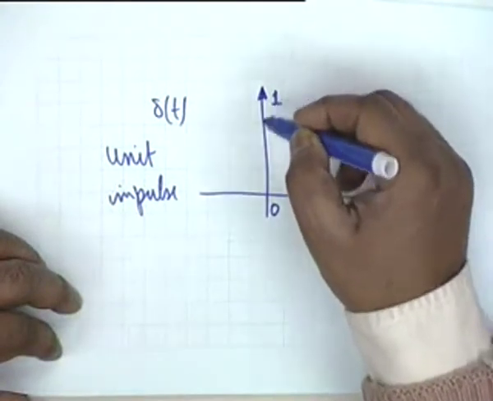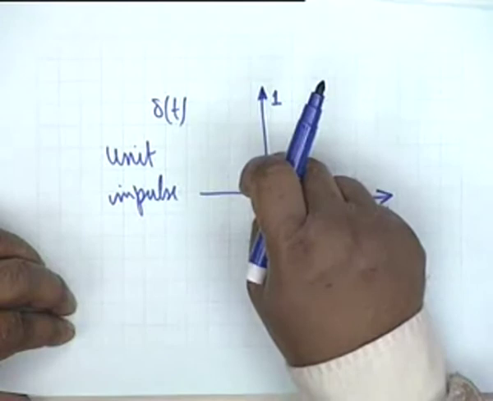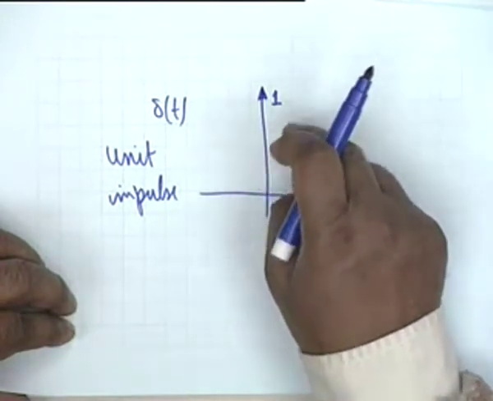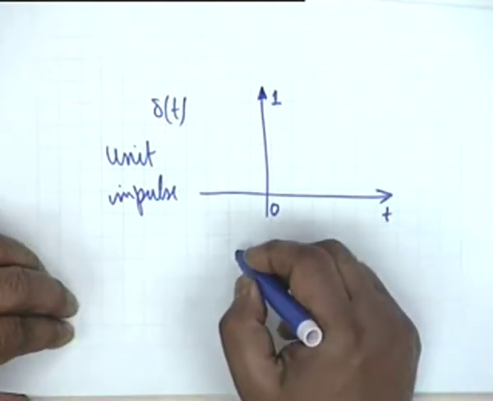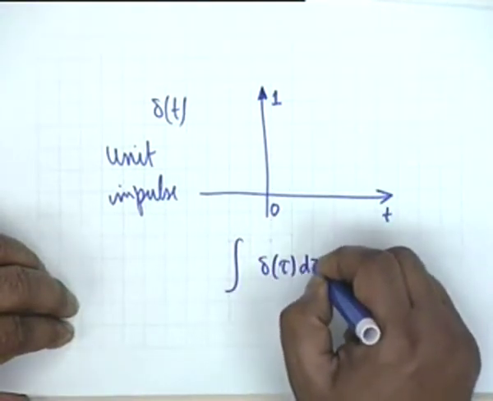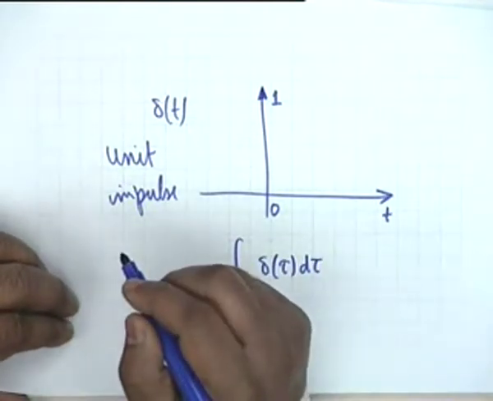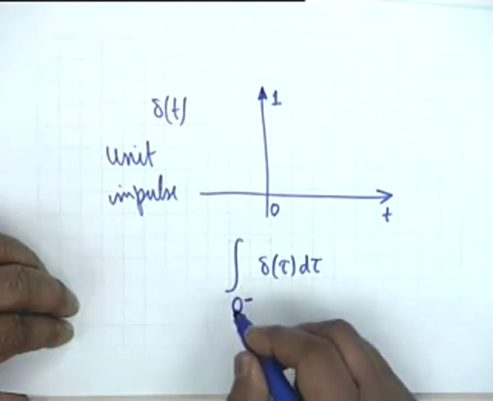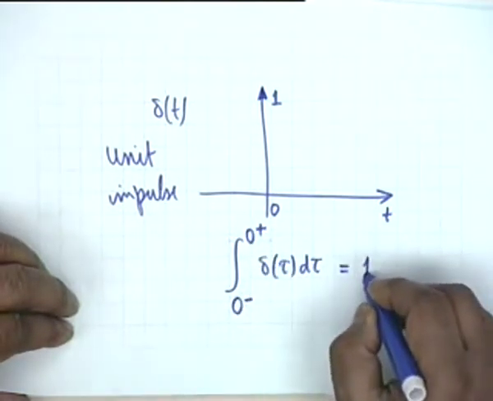The area under the pulse, whose limiting case is the impulse, is written by the side of the arrow. This simply means that the integral of delta tau d tau, which exists only at t equal to 0, going from 0 minus to 0 plus, is equal to 1.